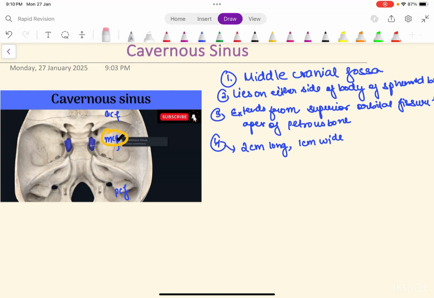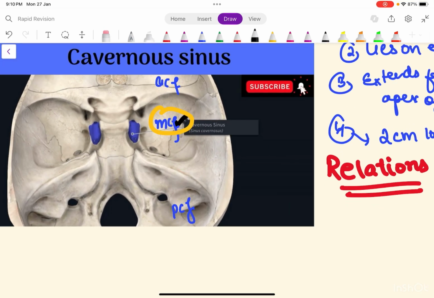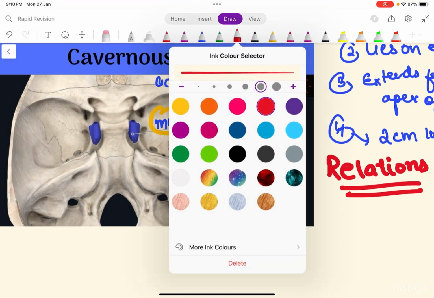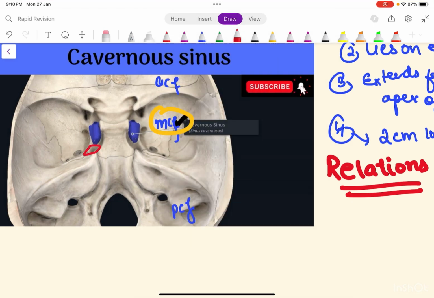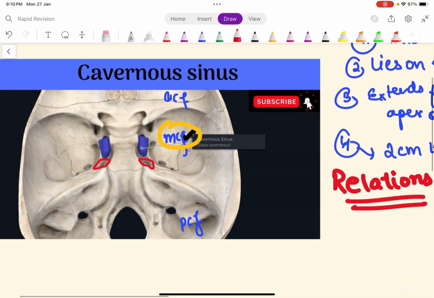So now let's talk about the relations. If you observe nicely, here we have the foramen lacerum, and in the medial part here we have the sella turcica.